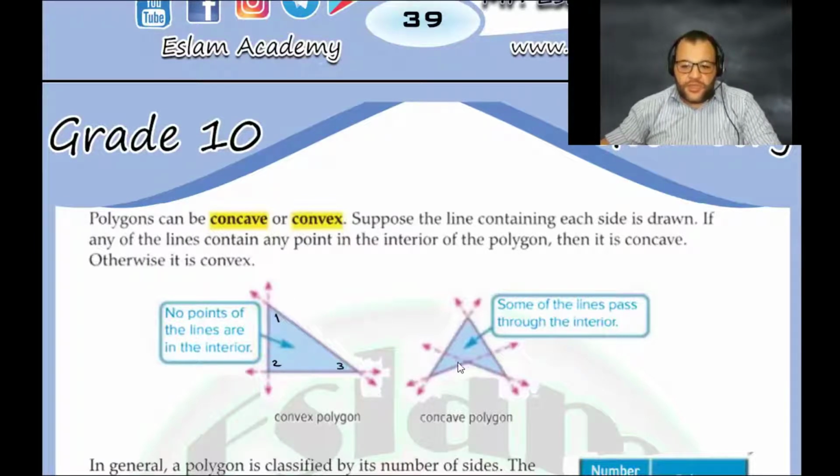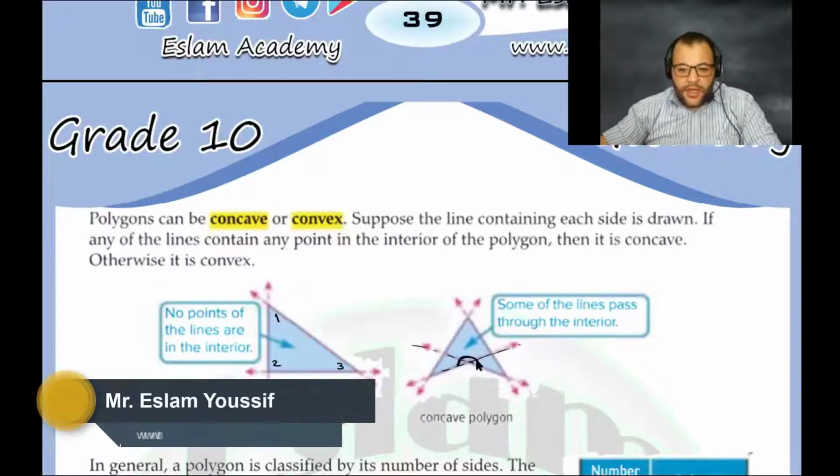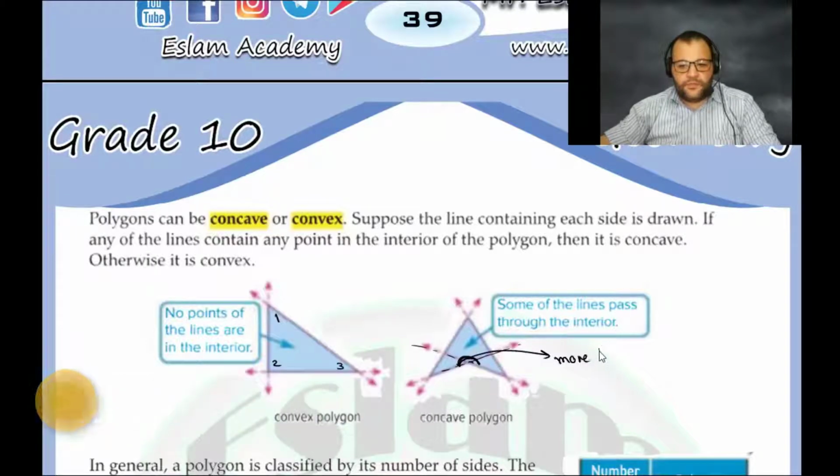But if you look at this shape, you will find that if you extend this side and this side, the extension passes through the interior part of the polygon. Because of that, they form an angle whose measure is more than 180.